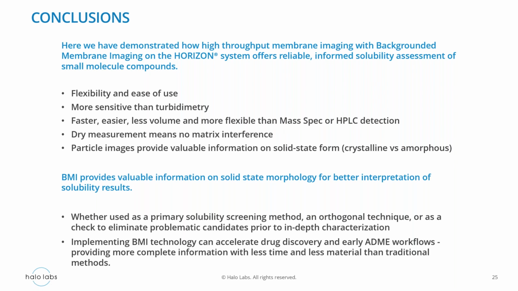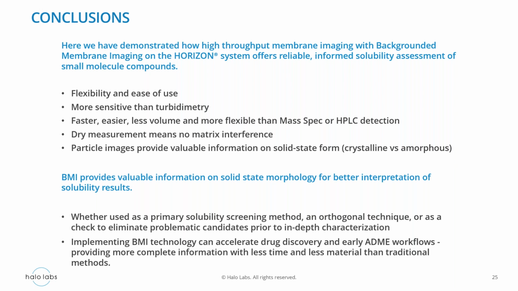Many of the methodologies that are out there right now, the matrix, the buffer, the conditions of the solution of your compounds definitely affect what you observe. We don't see that at all. These particle images that you obtain using these instruments provide you with valuable information of the solid state form we saw. And this is crucial for formulation.